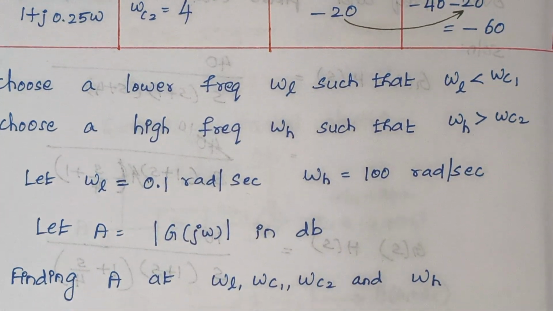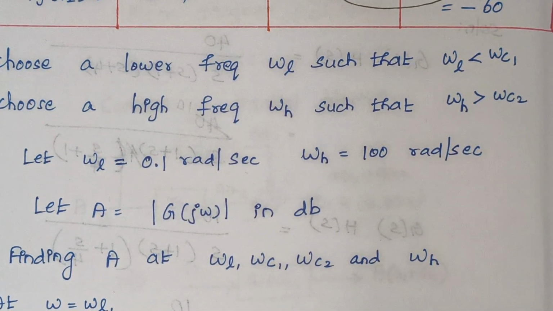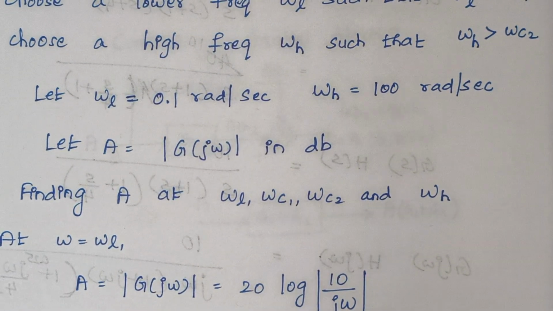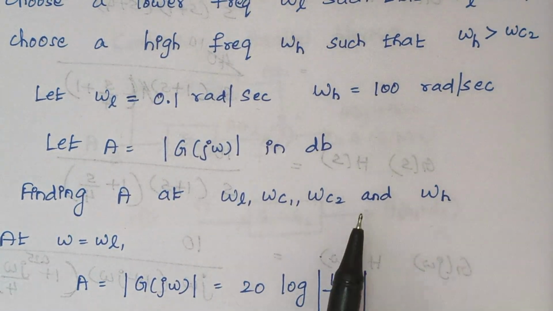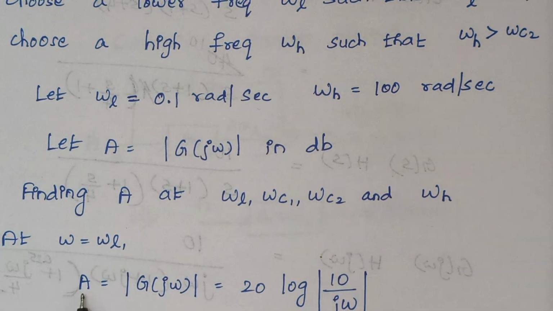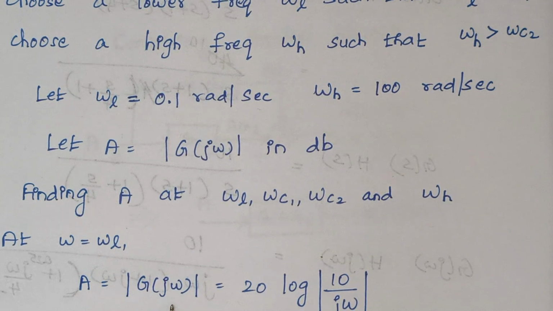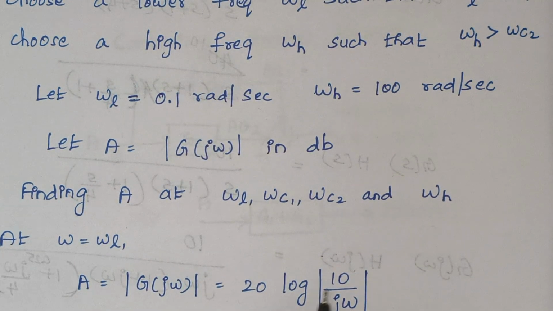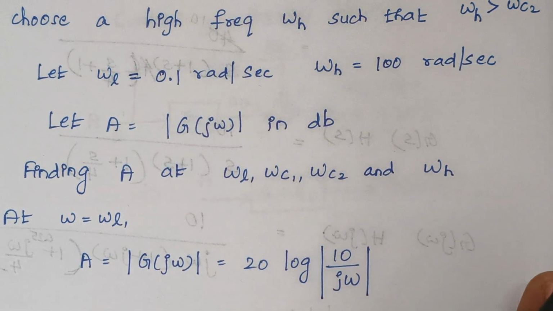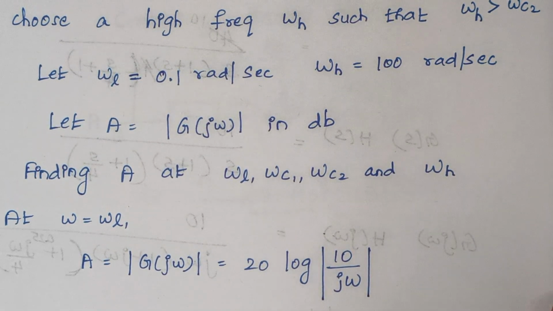The next step is we are going to calculate the magnitude. For calculating magnitude, we have to find the values for these 4 frequency values. At omega equal to omega L, the magnitude value A is given by 20 log of 10 by j omega, that is, the constant and individual s terms will contribute the initial value of magnitude.